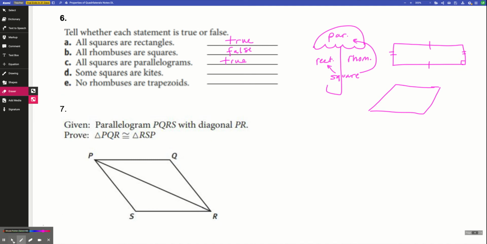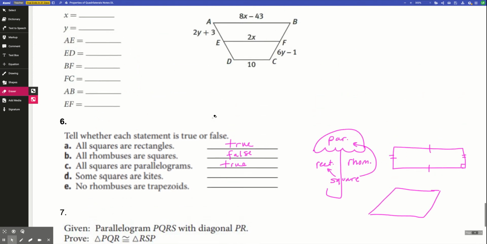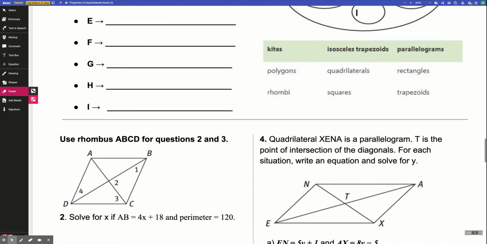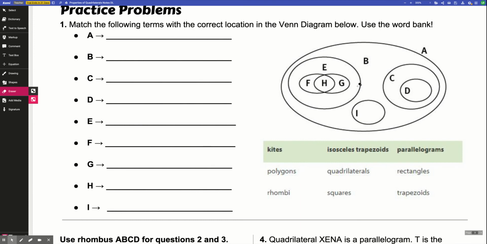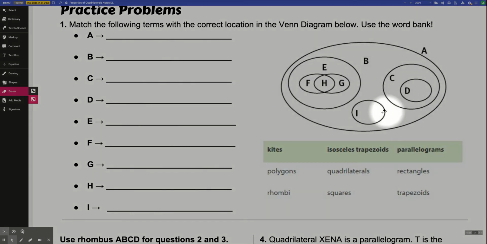If you think back to, let me scroll up. If you think back to our Venn diagram here, remember kites were here, kind of off in their own little land, right? And squares were here, so not really connected at all. Okay.